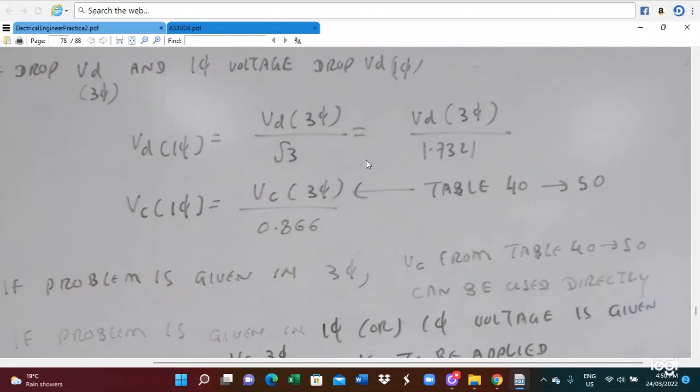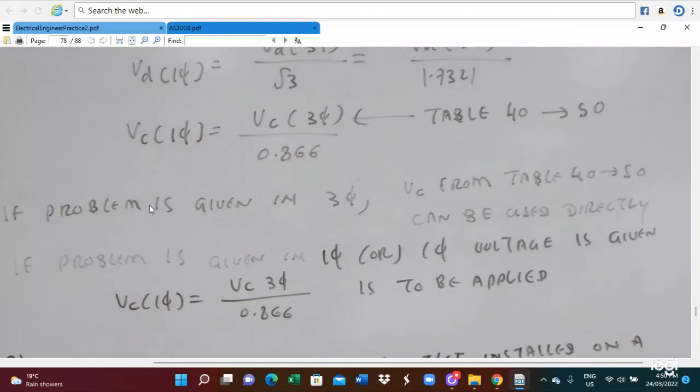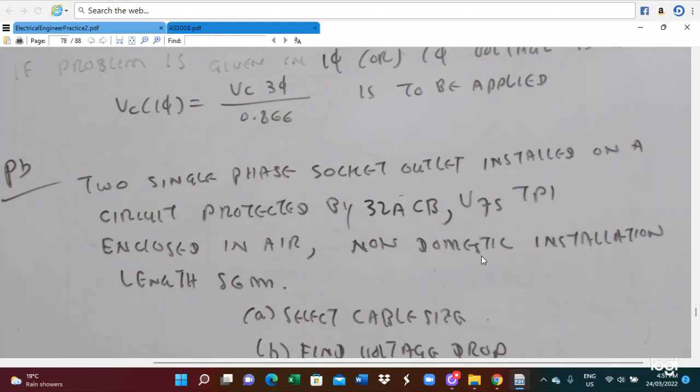So this is the way. From tables 40 to 50, what you get is a three-phase VC. So if the problem is single phase, you have to divide it by 0.86. If the problem is given in three-phase VC, tables 40 to 50, we have to utilize it directly. But if the problem is single phase, in this case, the three-phase VC is divided by 0.866 to be applied. So this is the way we calculate it.